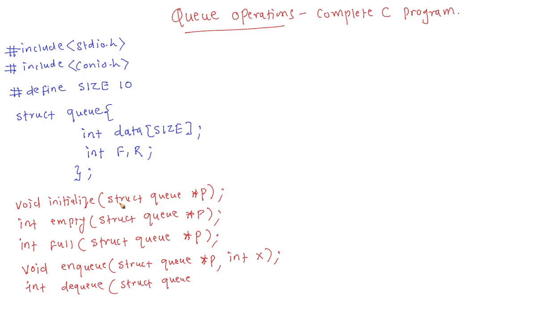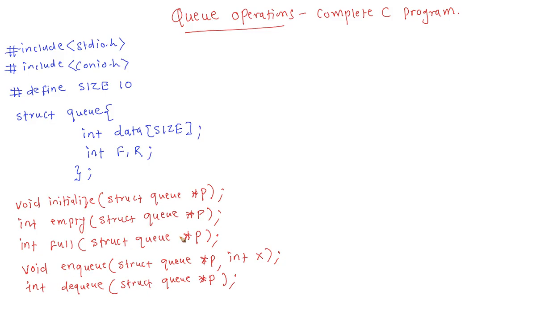See, this struct is all small, right? S is small, T is small, R is small. It's a keyword in C. C is a case sensitive language and all the keywords are in small letters. Right, so that is initialize, empty, full, enqueue, and dequeue.